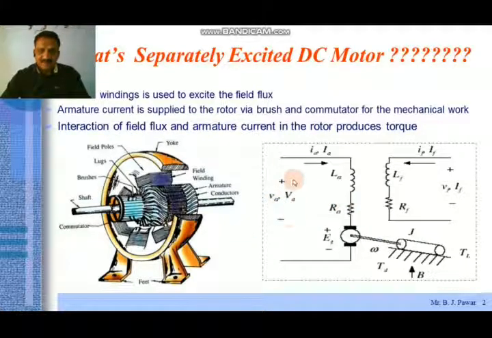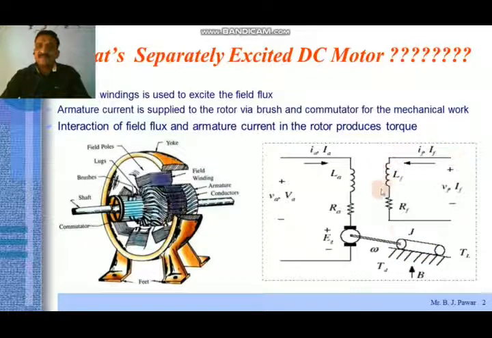Externally, we are applying a DC source to it, that is VA, the armature voltage. By this VA, there will be a flow of armature current, that is IA, and the flux generated, denoted by EG, will get converted into mechanical work through the external shaft.